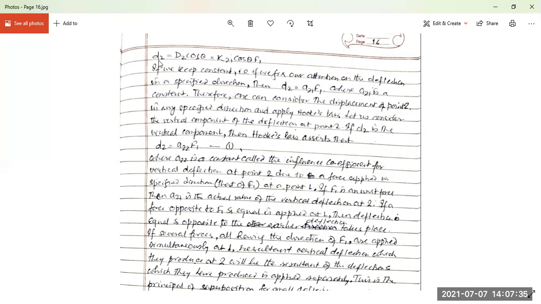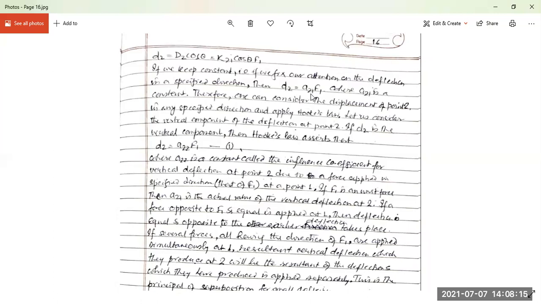If the force F1 is increased, the component of the deflection D2 changes accordingly, where theta is the angle between D2 and its component. To keep this constant, if we fix our attention on the deflection in a specified direction, then d2 will be A21 into F1, where A21 is the constant itself.